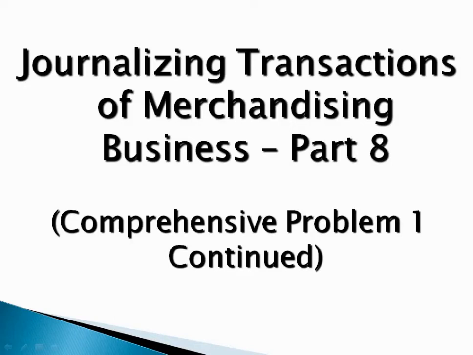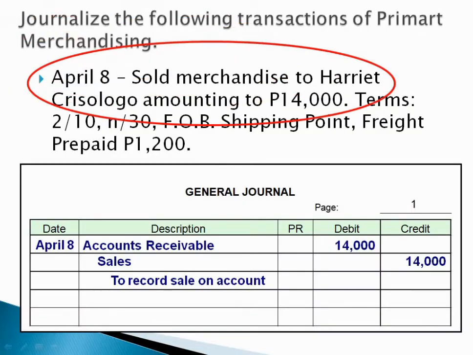In the previous video, we recorded some of the transactions of Primark merchandising. The last two journal entries we prepared were in connection with the sale of merchandise on account to Harriet Crisologo on April 8.